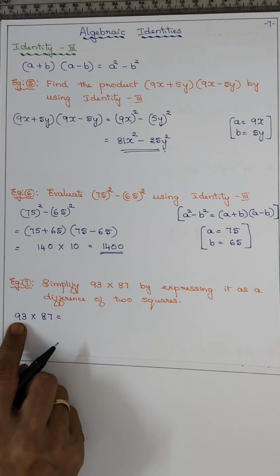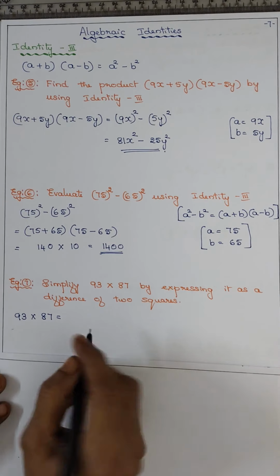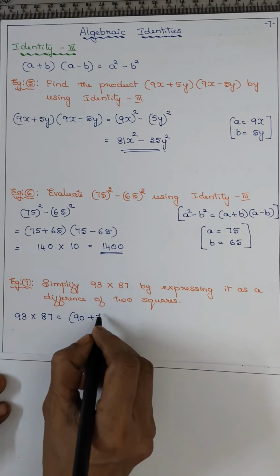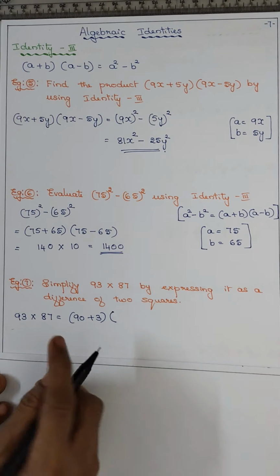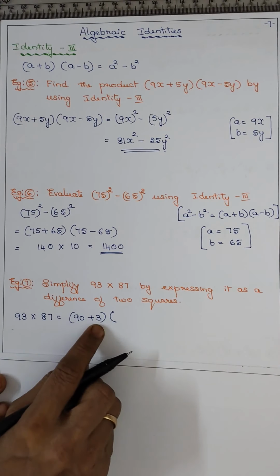First you think of the bigger number. Write the bigger number as a plus b. 93 can be written as 90 plus 3 into, bracket open, 87 can be written as 90 minus 3. Yes or no?